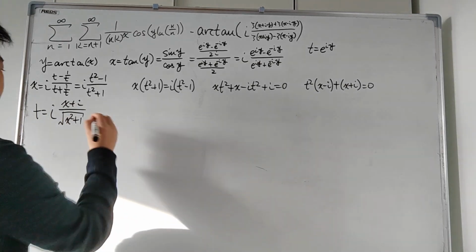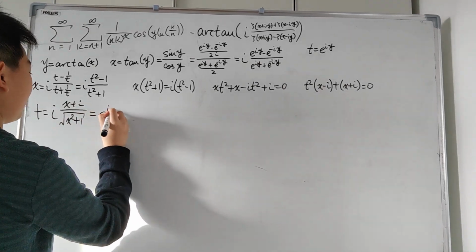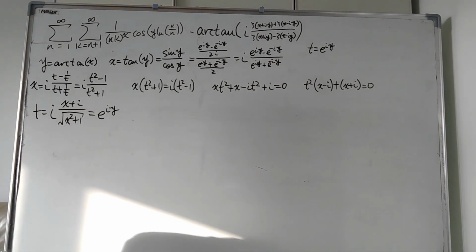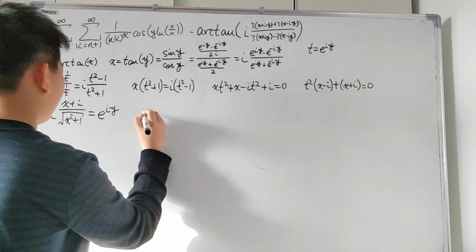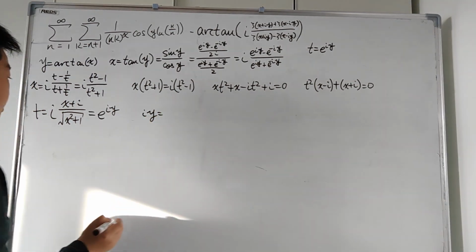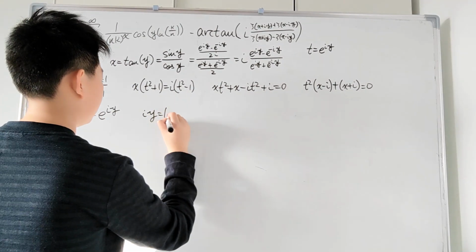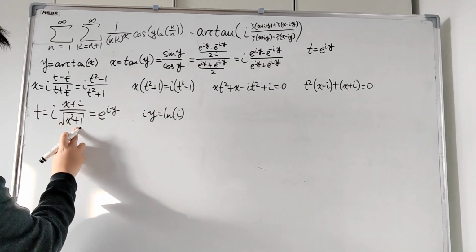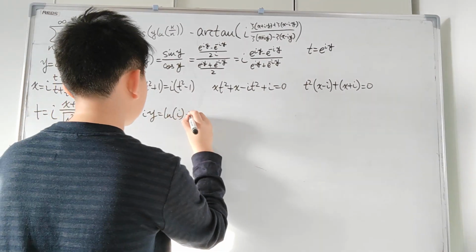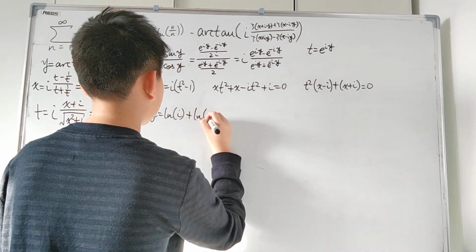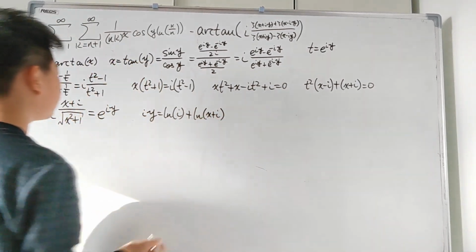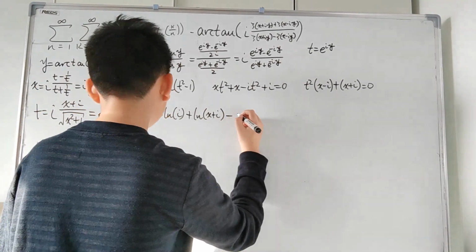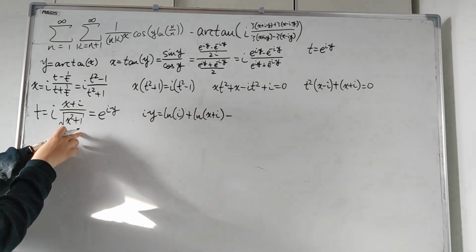But once again, we have this is equal to e to the i times y. And for this, we want to isolate y, so we're going to take a natural log on both sides. So we have iy is equal to the natural log of i, which we'll get to in a moment, plus the natural log of x plus i, minus the natural log of this.